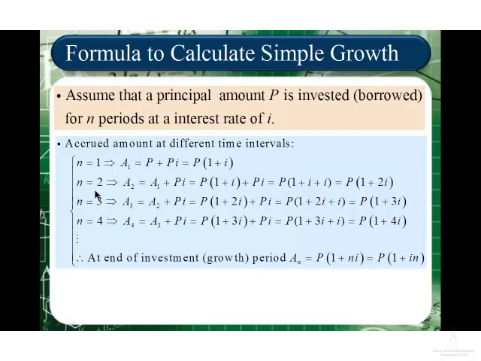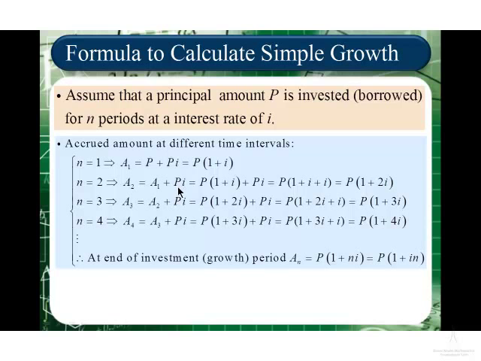Now let's have a look at what the accrued or final amount will be after the second interest period. That is when n is equal to 2. The final amount after the second interest period will be, of course, the amount that applied at the start of the second interest period, namely A1 that we had before, plus another constant amount of interest that will be added.